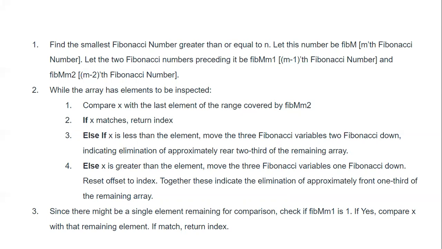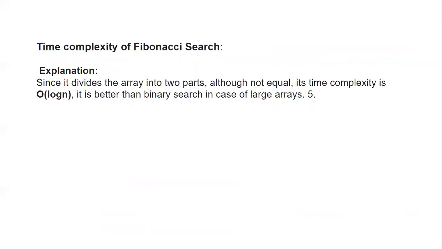Together, these indicate the elimination of approximately the front 1/3 of the remaining array. Since there might be a single element remaining for comparison, check if fib mm1 is 1. If so, compare x with the remaining element, and if it matches, return the index.